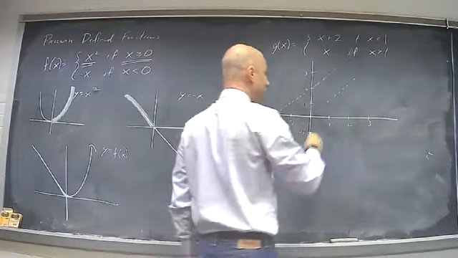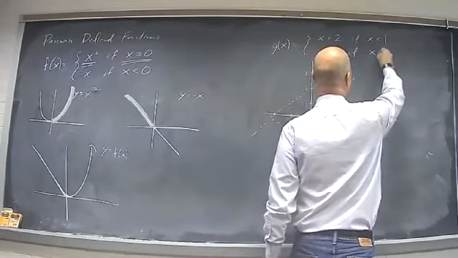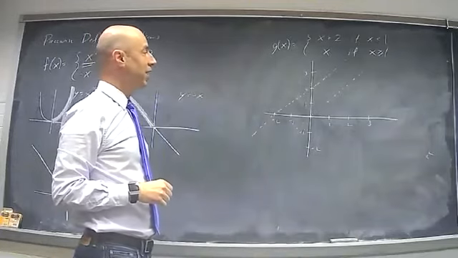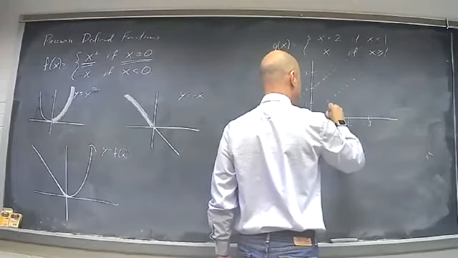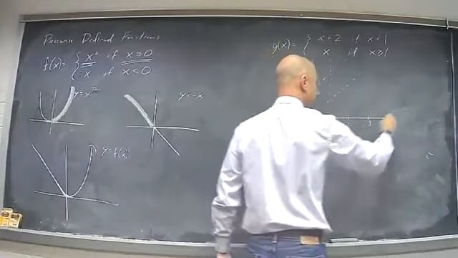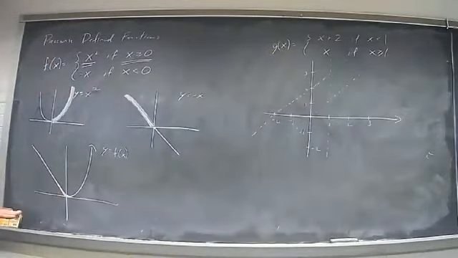And I have a break, something going on at x equals, oh, hang on, let me make this greater than or equal to 1. Sorry about that. Greater than or equal to 1 in that second line. So here's x equals 1, that vertical line. I just have some reference lines on my page.